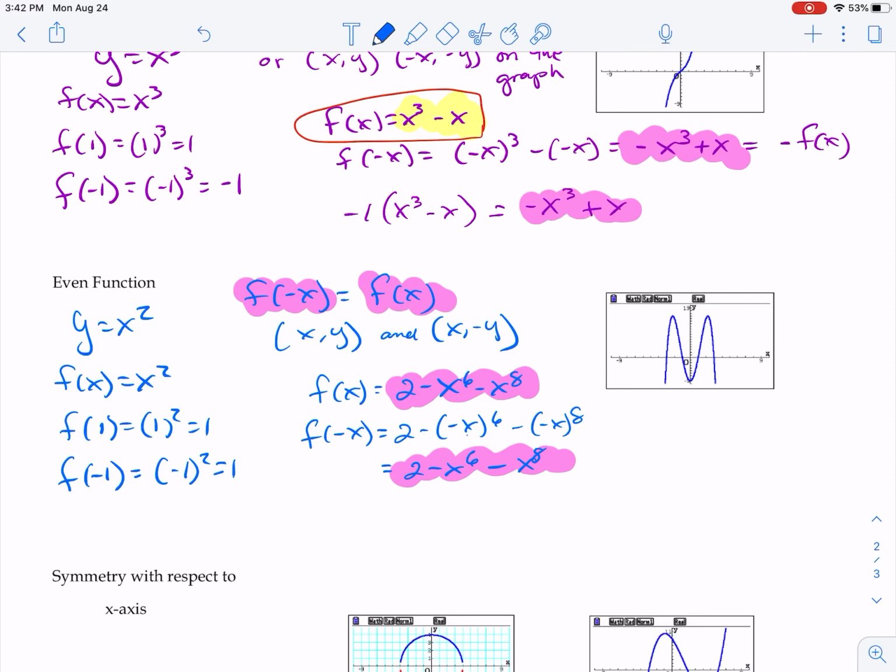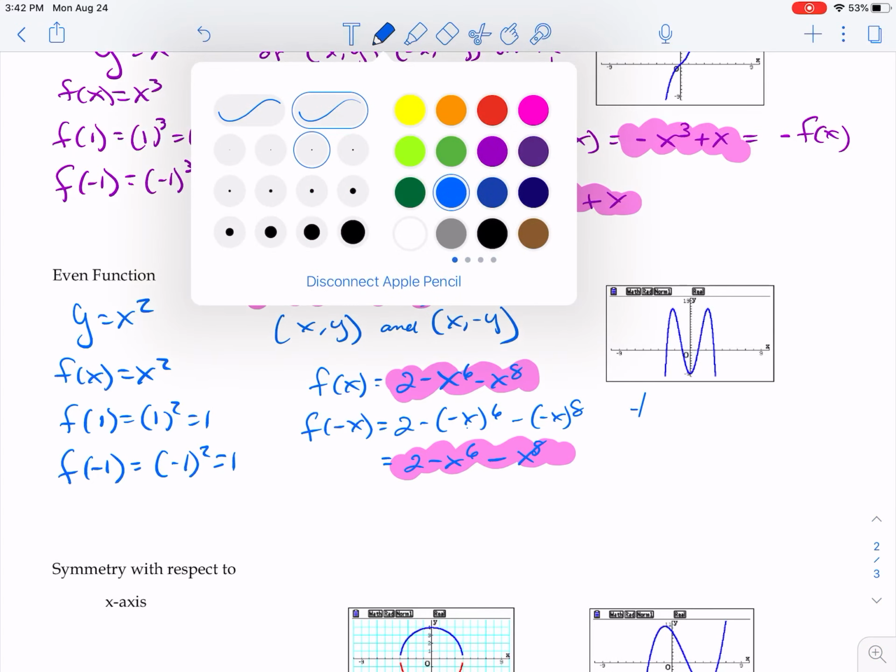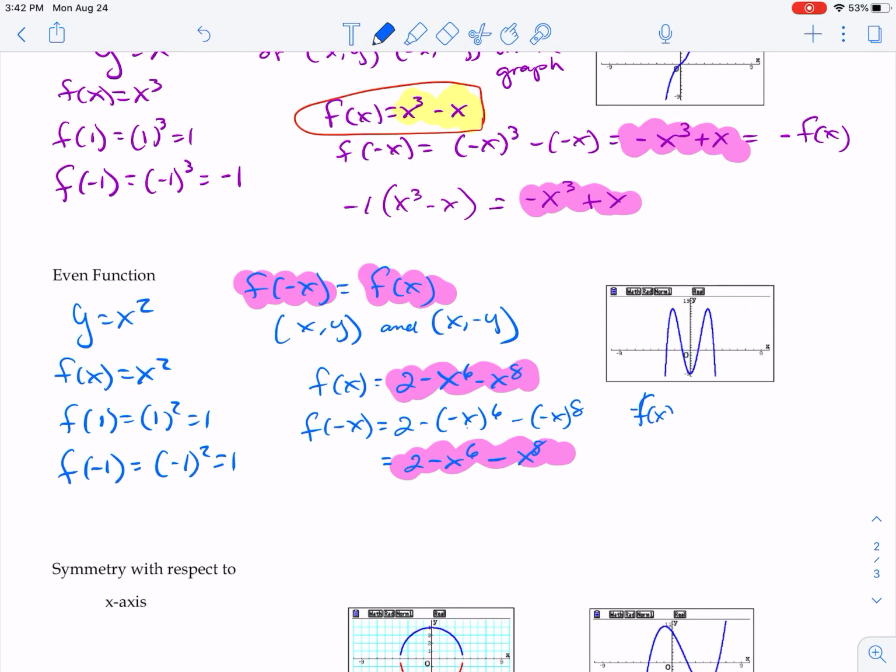Will that always be true? No. Let's try a different one. I have f of x equals x to the 5th minus 2x to the 4th plus x minus 2. F of negative x is negative x to the 5th minus 2 times negative x to the 4th minus negative x minus 2, which is negative x to the 5th minus 2x to the 4th plus x minus 2.